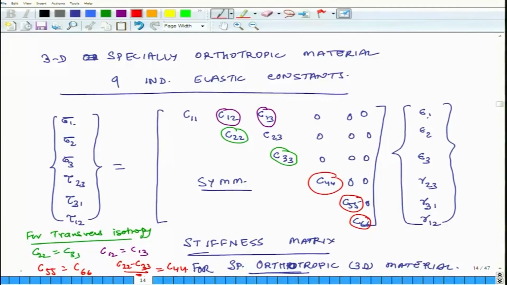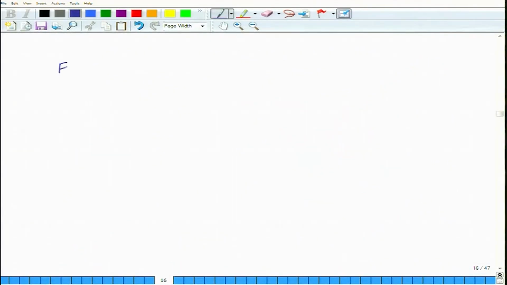So, in this case how many constants do we have? 1, 2, 3, 4 constants, everything else is expressed in terms of others.